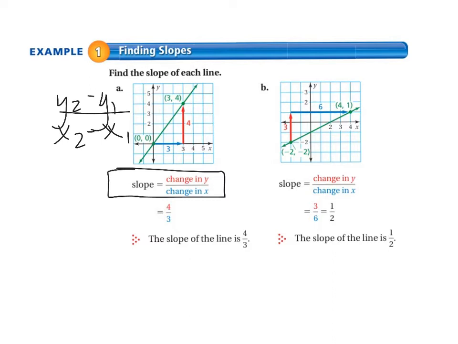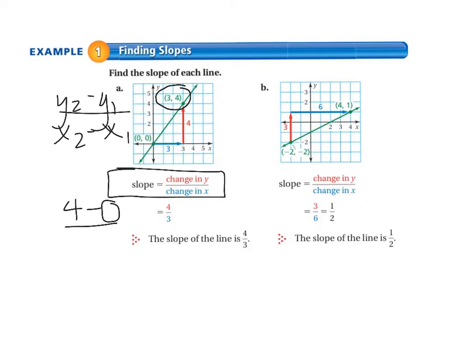So we're going to take the second y coordinate, which is 4, and we're going to subtract the first y coordinate. So I'm taking the larger of the two numbers minus the smaller of the two numbers. And then since I started with this ordered pair, I have to use that for my x as well.